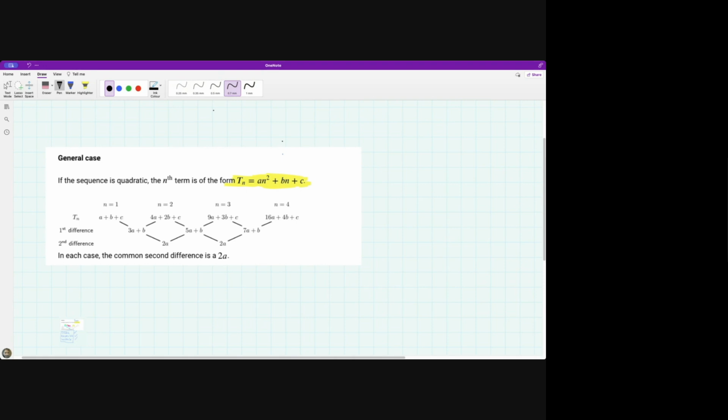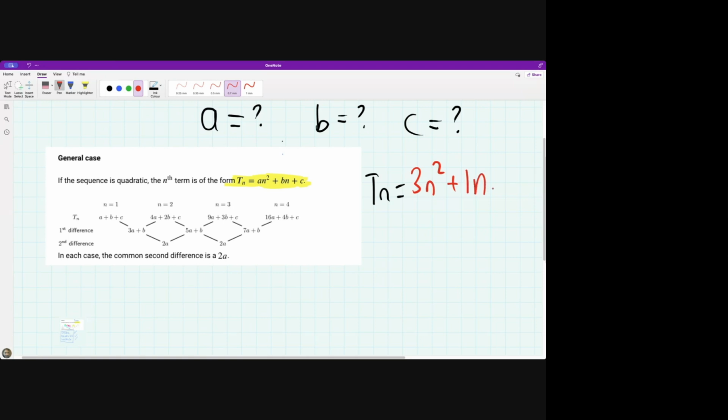What we really need to do is we need to know what A is, what B is, and what C is. So if we know what those numbers are, we will then know, for example, if the number pattern is 3n squared plus, let's say, 1n minus 2, in that scenario, A is 3, B is 1, C is minus 2.